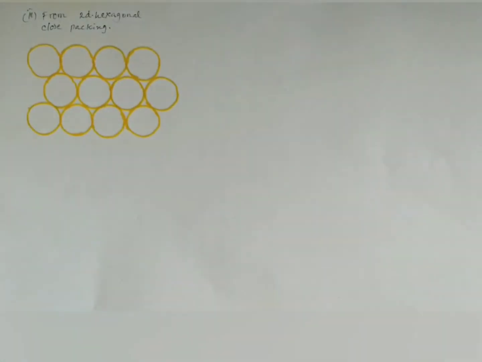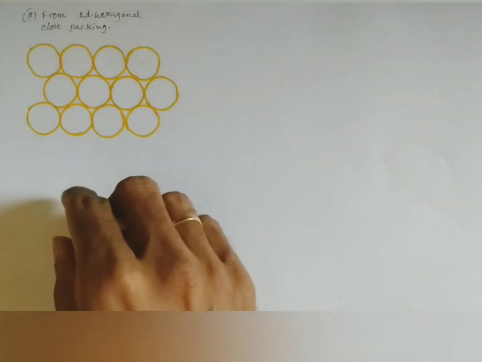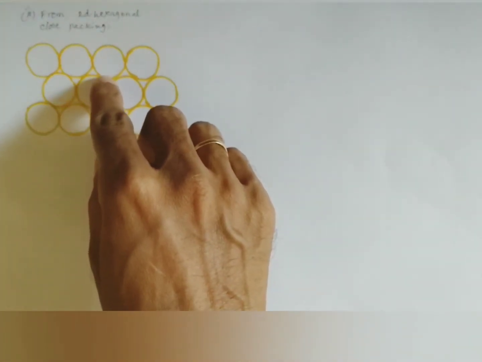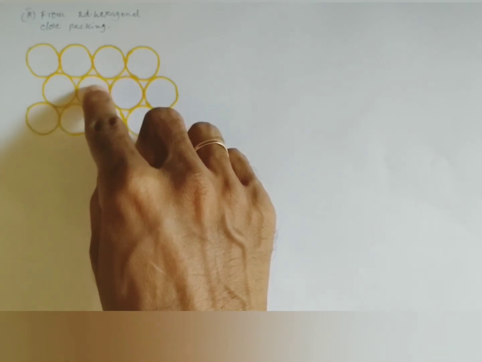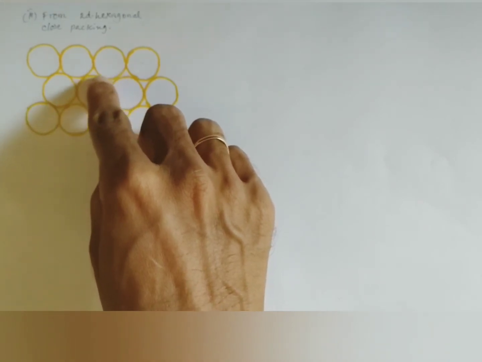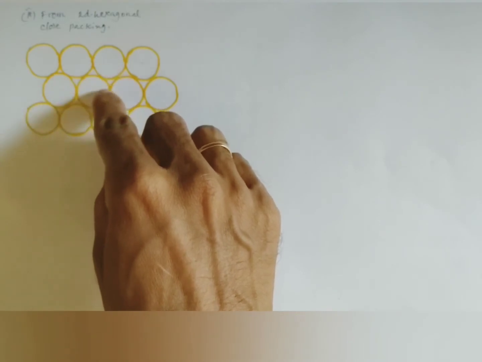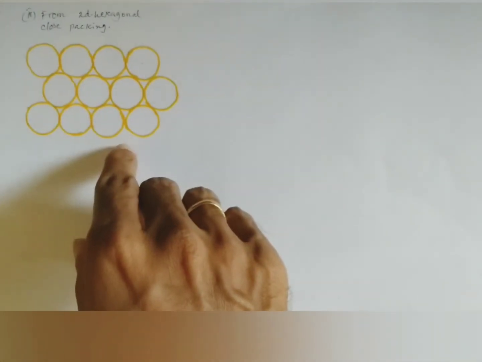So like this we have 2 types of trigonal voids, and you can lay the atoms of the second layer by covering either A type of trigonal void or B type of trigonal void like this.